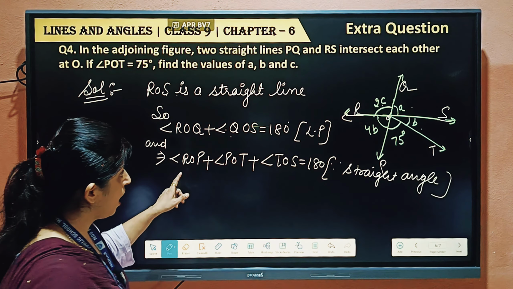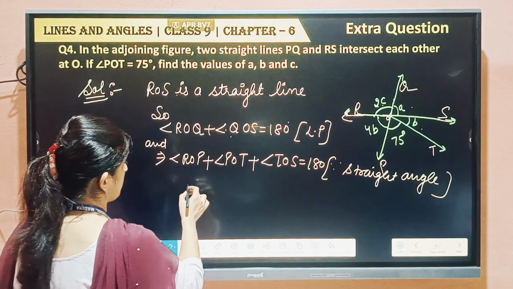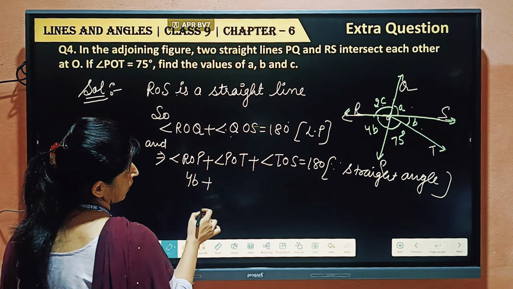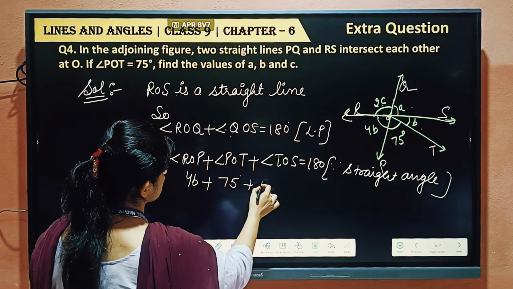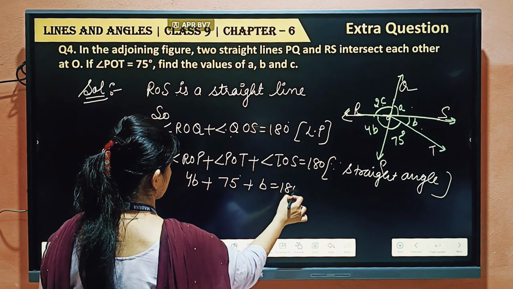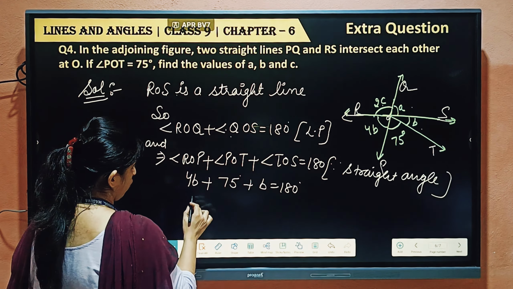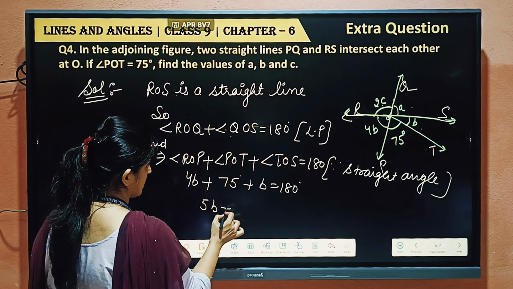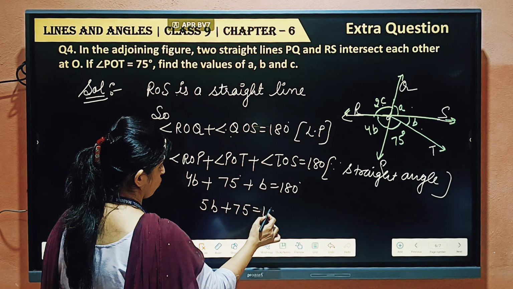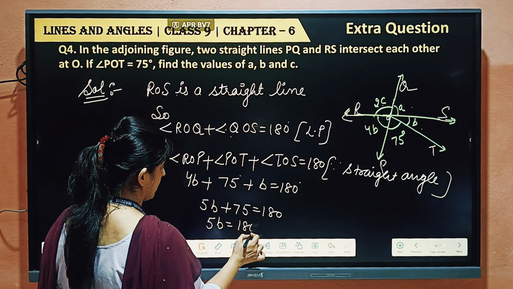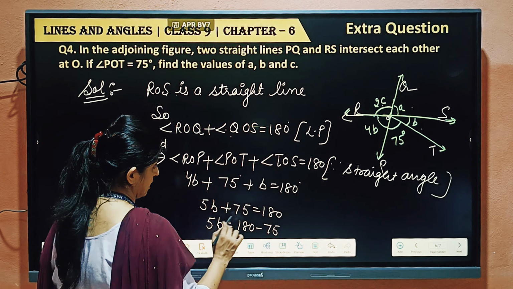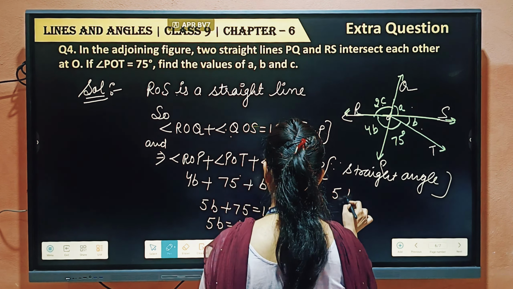ROP is 4B, POT is 75 degrees and TOS is B. So 4B plus B, 5B plus 75 is equal to 180 degrees. 5B is equal to 180 minus 75, that is 105 degrees.